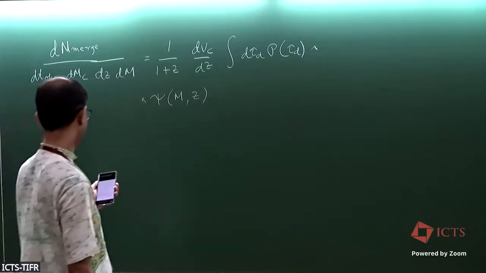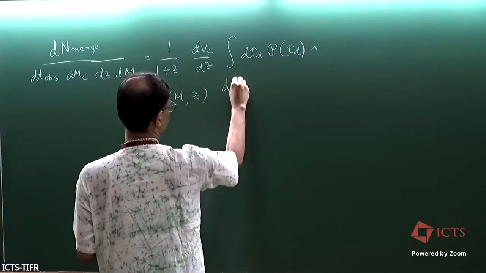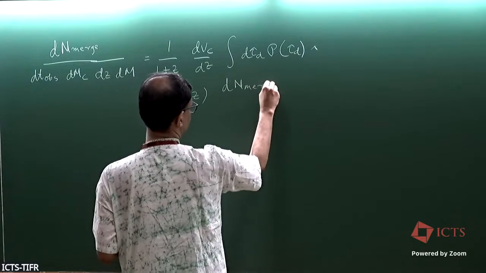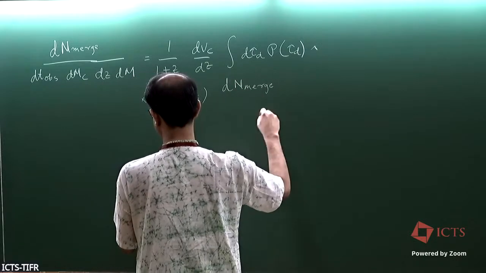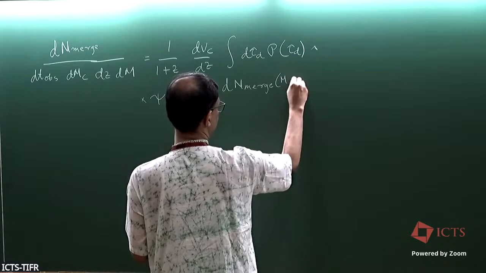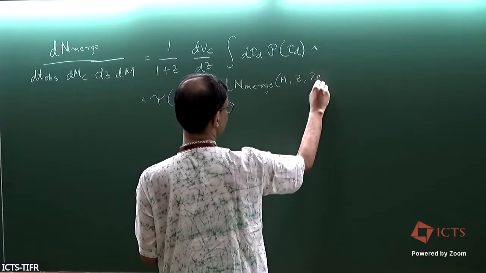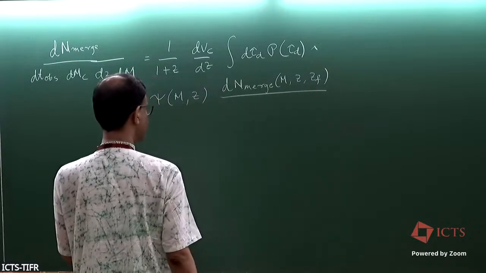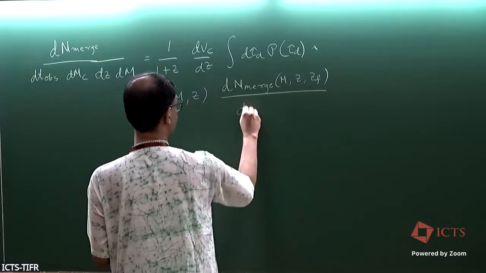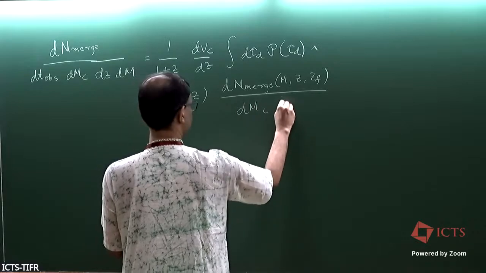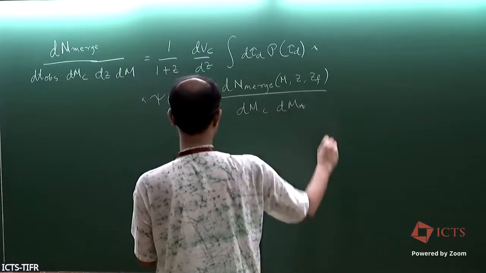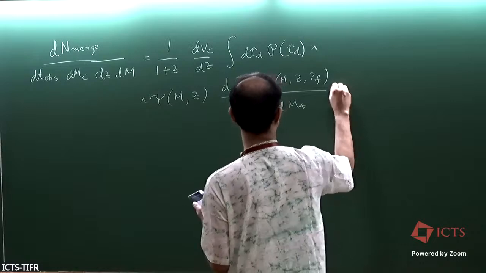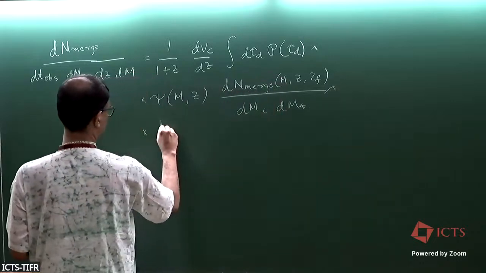So this is the star formation rate. And then this uncertain quantity, which is the merger rate happening in a halo of mass m, where the halo has formed at redshift zf and the merger is happening at redshift z, per unit chirp mass range, per unit stellar mass, times the halo mass function.